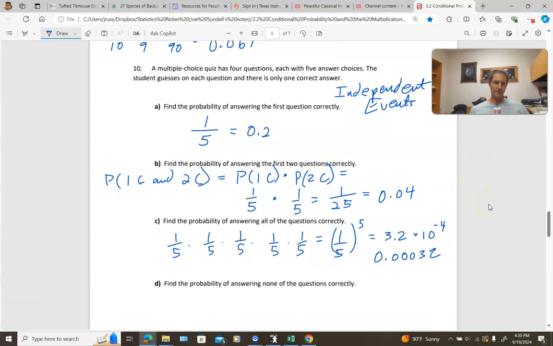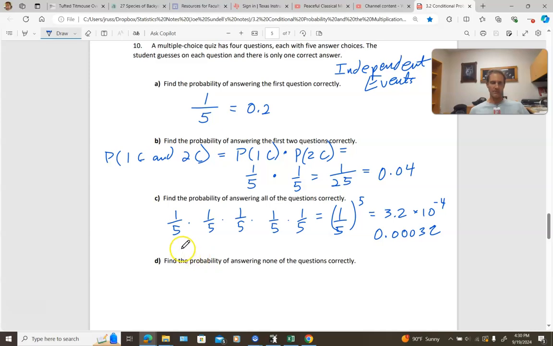All right. Okay, what about part D? Find the probability of answering none of the questions correctly. Now, you might be tempted to think, well, here we could implement the complement. We could say, okay, 1 minus the probability of getting them all correct would be the probability that we get none correct.